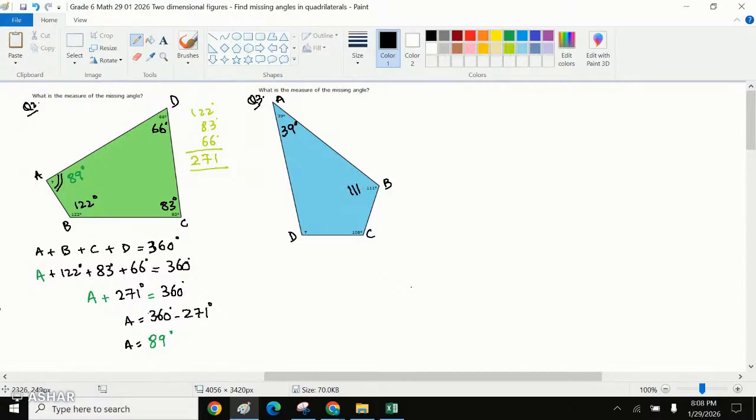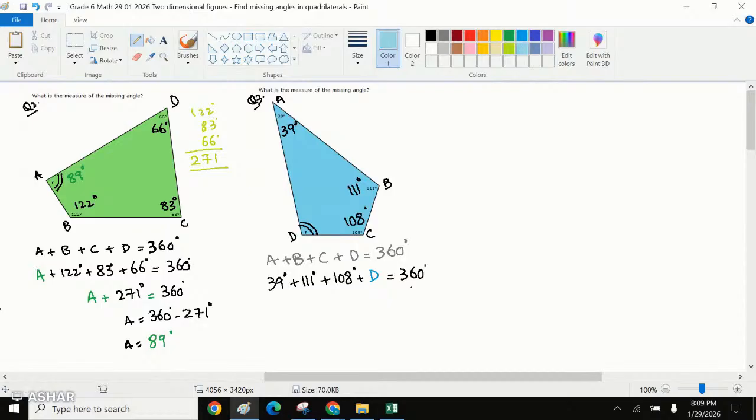This is 111, this is 108, and angle D is missing for us. So what we can say is A plus B plus C plus D should be equal to 360. That means 39 plus 111 plus 108 plus angle D should be equal to 360.